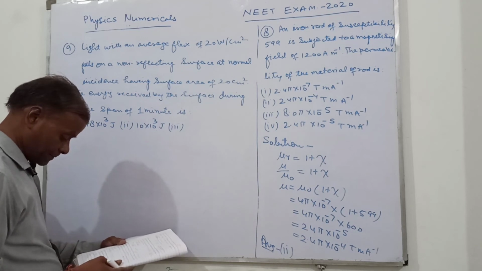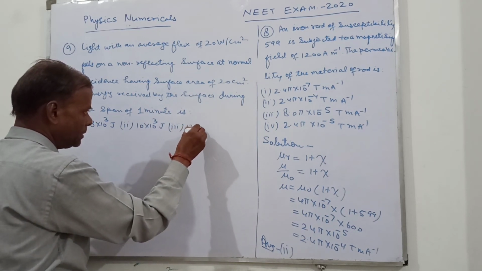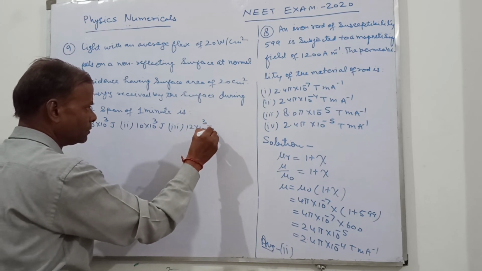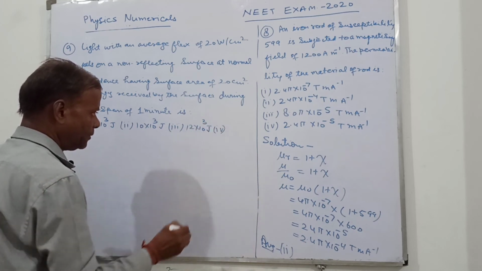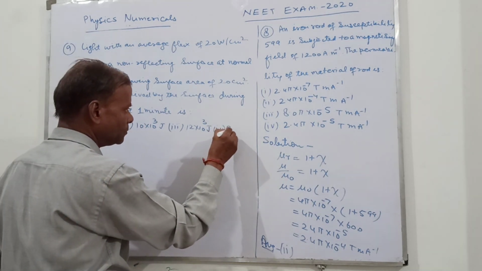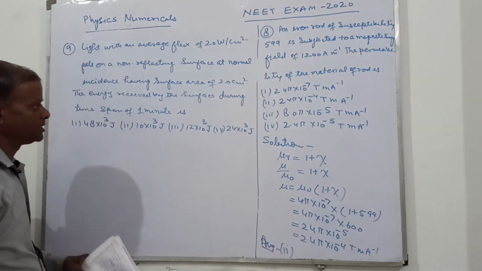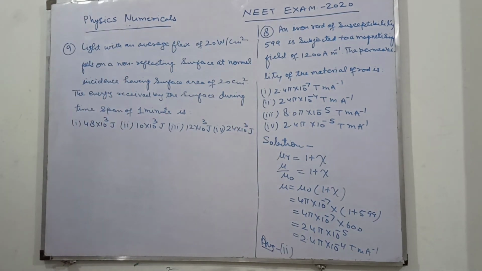Third is 12 into 10 raised to the power 3 joule. And fourth is 24 into 10 to the power 3 joule. So these are the given answers. You have to choose the correct answer.